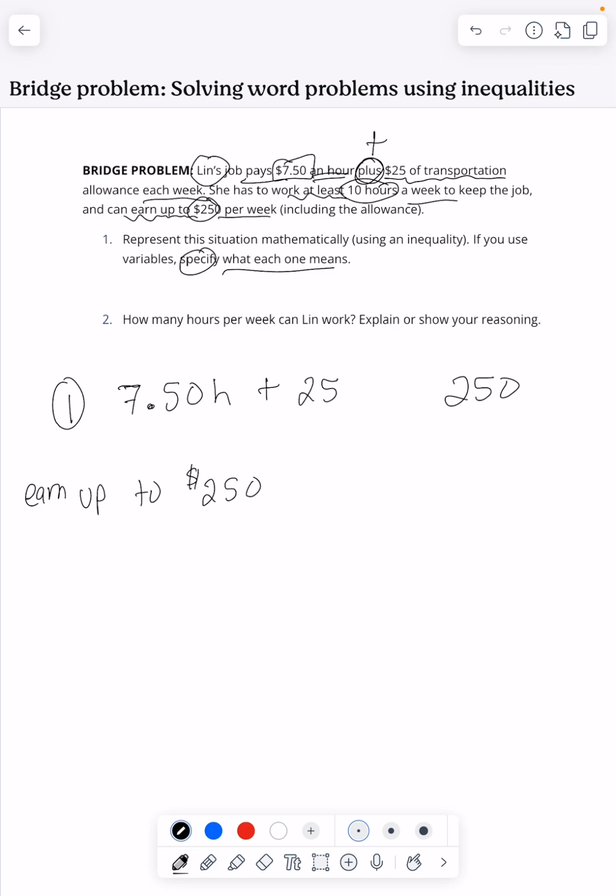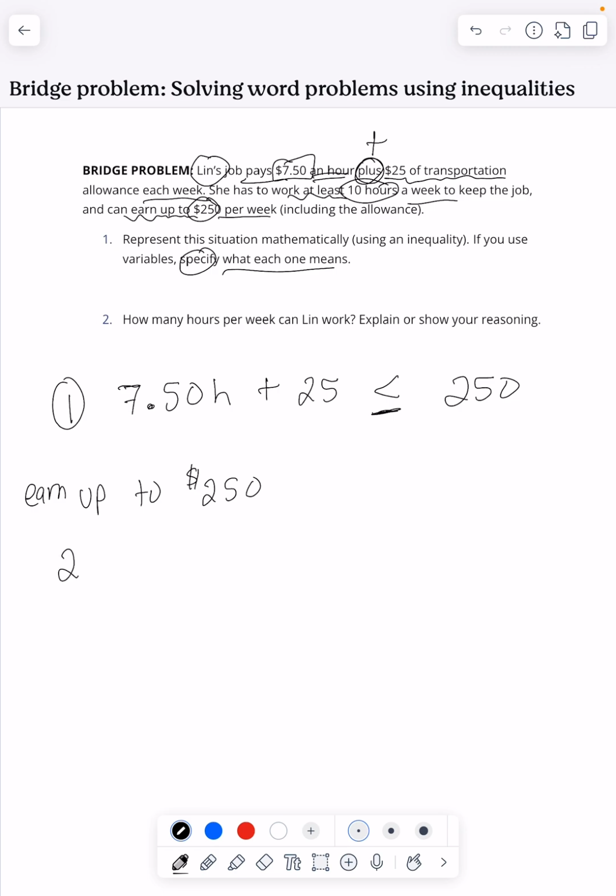So it means that she'll be able to make that, but she cannot make any more than that. So it could be equal to exactly $250. But whatever she ends up making could also be less than the $250. But the max that she could do is earn up to the $250 there, right? So in this case, it'll be less than or equal to. So that'll be question number one.